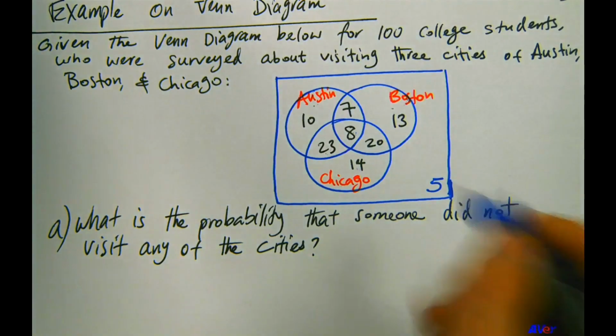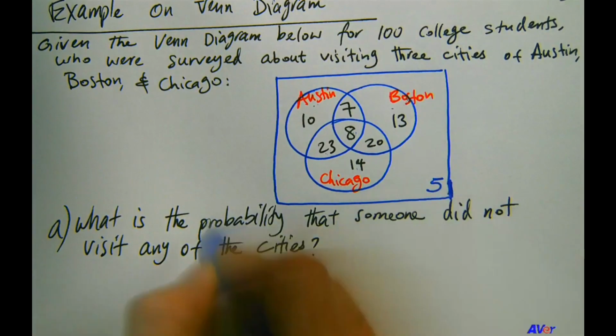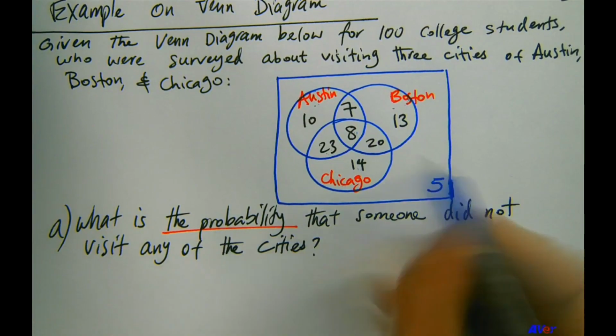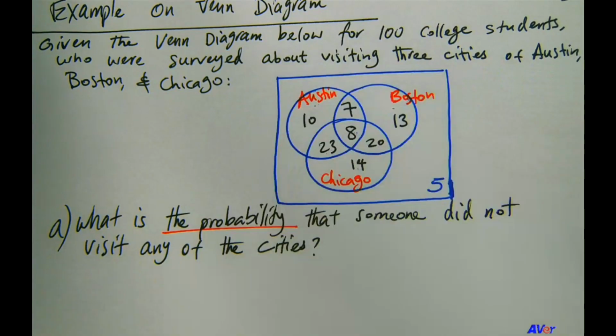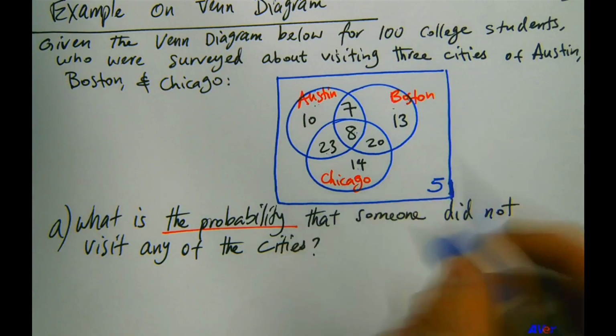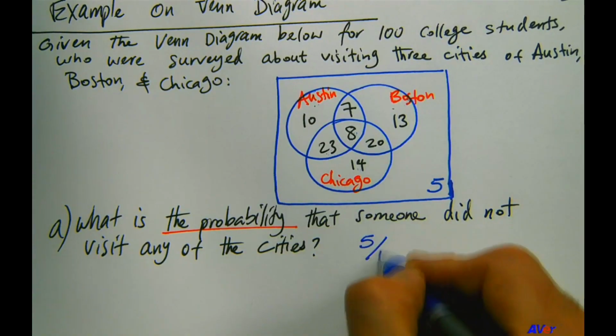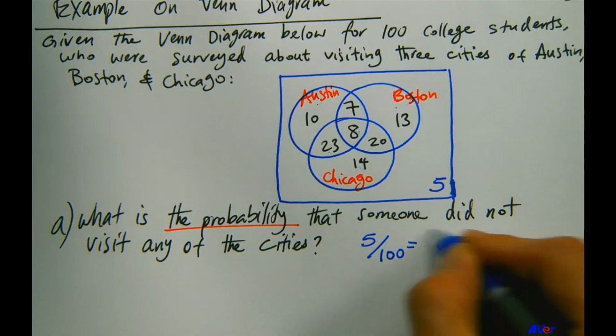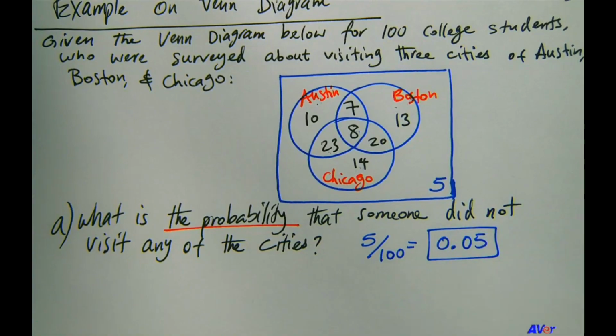None of the cities, right? We have 5 of them, and they're asking for the probability. Not count, but the probability. So 5 out of a total, right? So this probability is 5 out of 100, or 0.05, right?